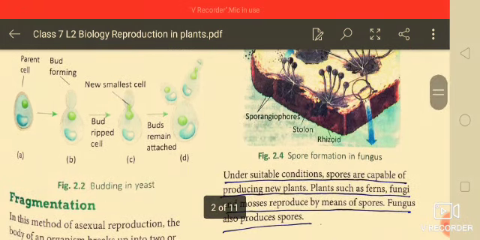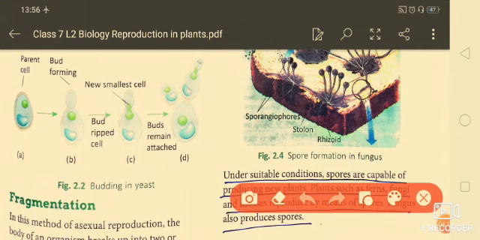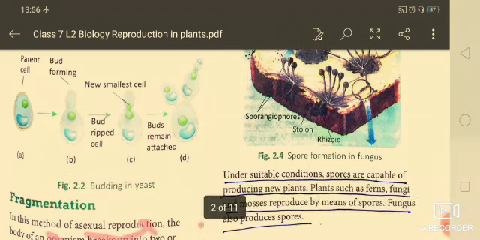Okay. You are seeing here budding in yeast. So in the case of yeast, a bud formation is there, this bud will separate from the mother cell and after that a new daughter cell will form from this bud and that is independent.